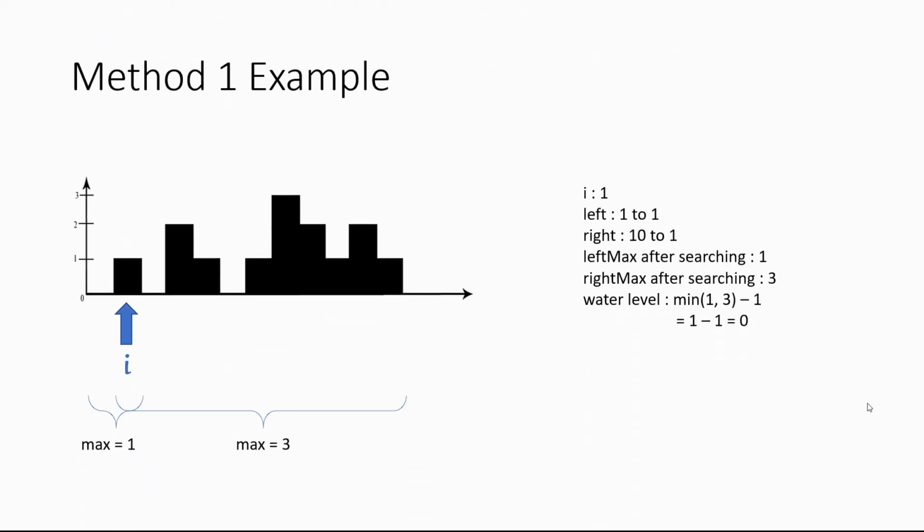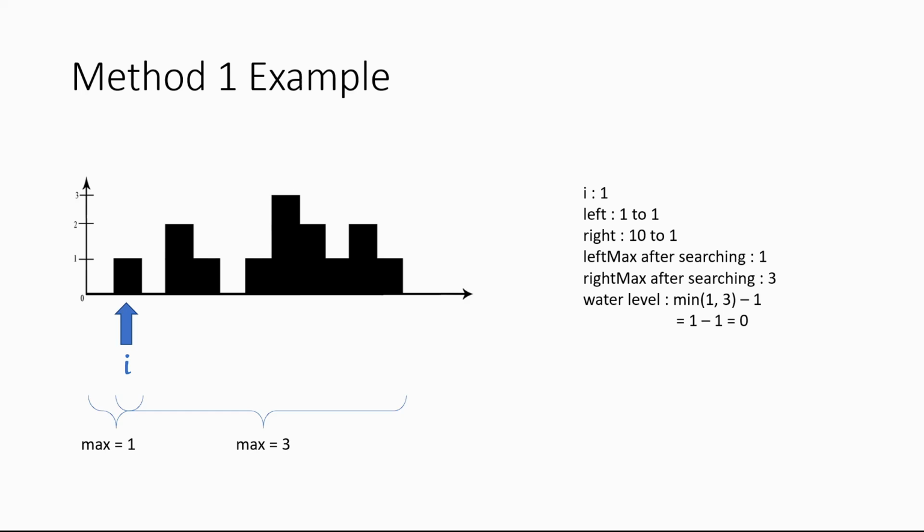First of all, we start i from 1, since we know that no water can be trapped at the first position. With i at 1, we have to check the whole left side and right side, the left side being the index 1 and the right side being all of the indices from 10 to 1.